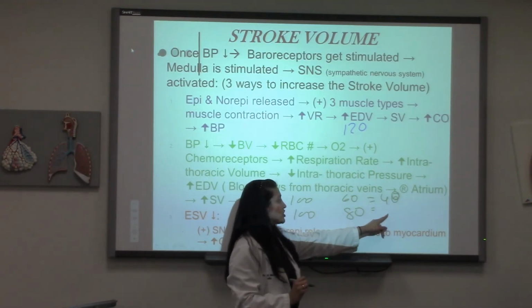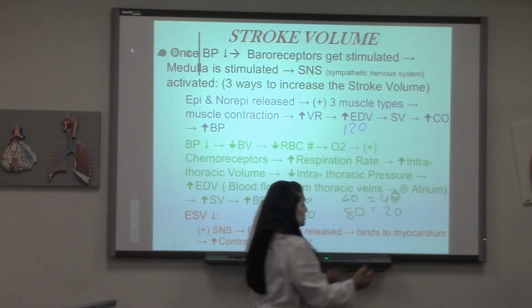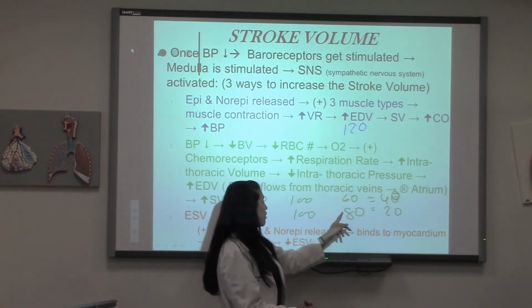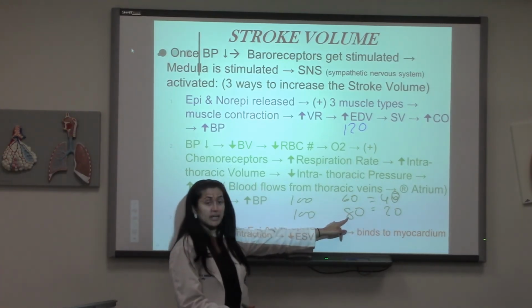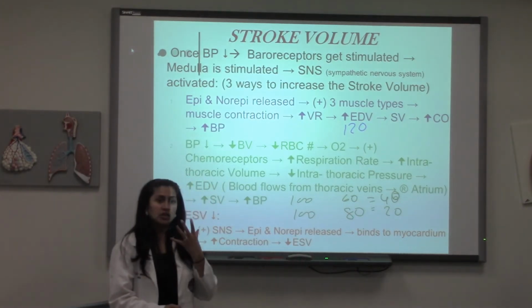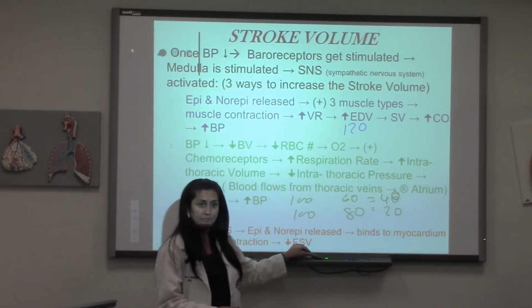So how much blood do you have left over at the end of systole? 20. So do you see your end systolic volume decreased? And how did you cause your heart to eject more blood? You caused it to eject 80 milliliters by causing your heart to contract stronger and harder by stimulating the myocardium. Good?